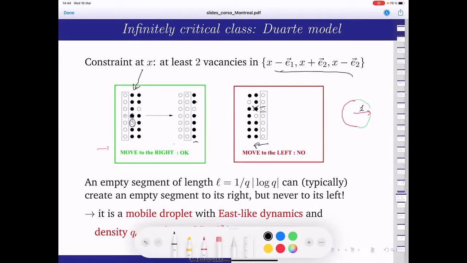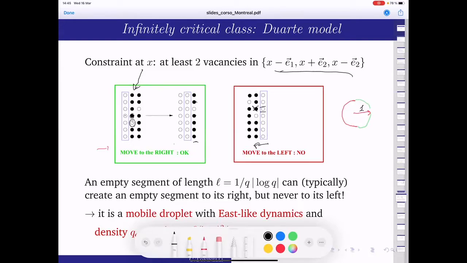So the moral here is that if I have an empty segment which is sufficiently long, so 1 over q times log 1 over q, typically I will be able, since typically we see to the right on the next column an empty site, to move this empty column to the right, but never to its left.